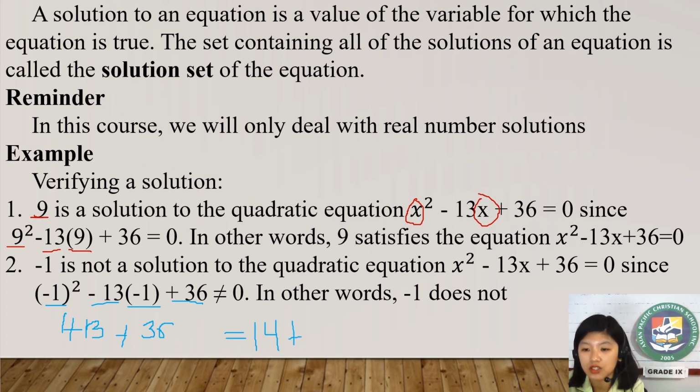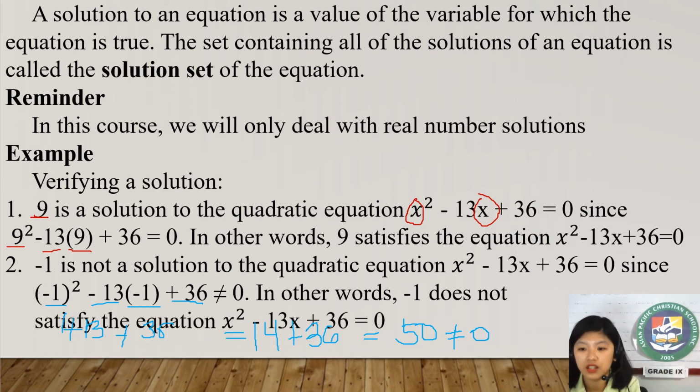Then, plus 36. So, 14 plus 36, ilan? 50. So, since ito ay 50, hindi siya equal sa 0. Kaya, ang negative 1 ay hindi solution ng quadratic equation na x squared minus 13x plus 36 equals 0. So, yan. Hindi nyo nasatisfy.